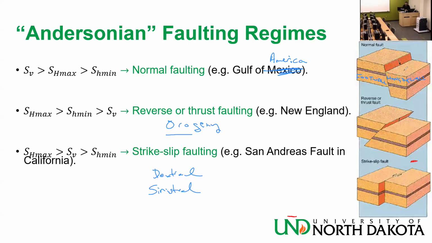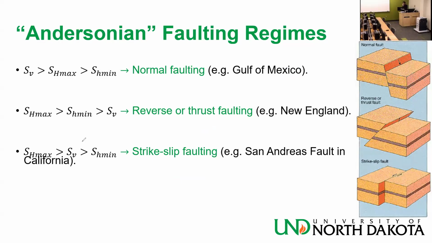For this analysis, for our own simplicity, let's just say the foot wall stays as is. Doesn't move, okay? Only think of the hanging wall moving, even though the foot wall can move too.